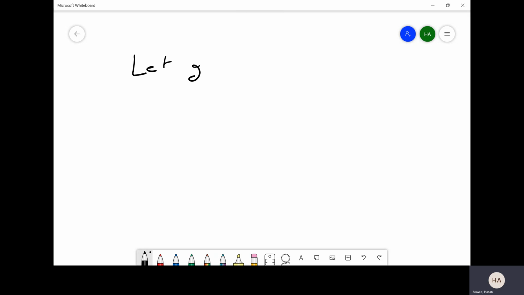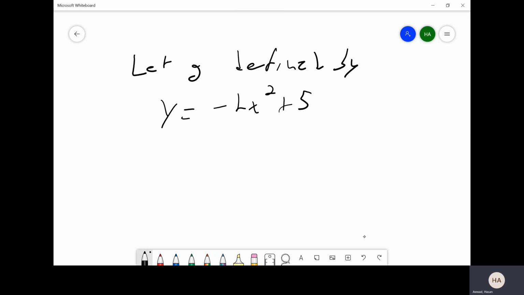Let g be the function defined by, I'm going to just shorthand this, but let g be the function defined by the equation y is equal to -2x squared plus 5x. And again, just that's a 2. So -2x squared plus 5x.